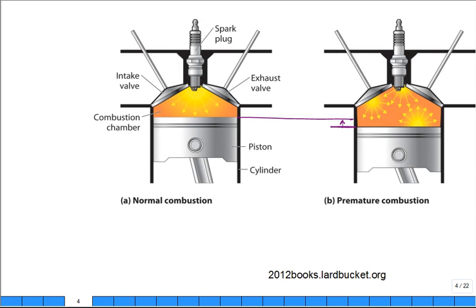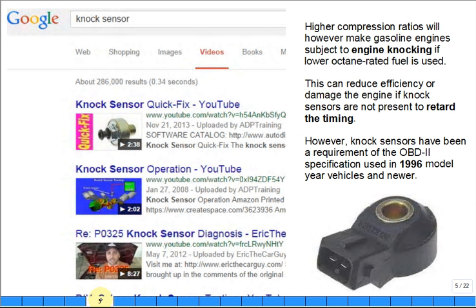The spark plug hasn't told it to combust. It's because of a hot spot on the face of the piston, a hot spot on a valve, a hot spot near the spark plug. And once that starts to go, and then you get the pop from the spark plug, you'll get a pinging. It's like a hitting. And it's very detrimental.